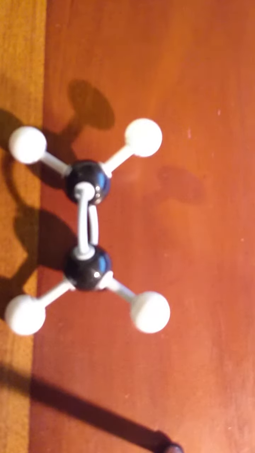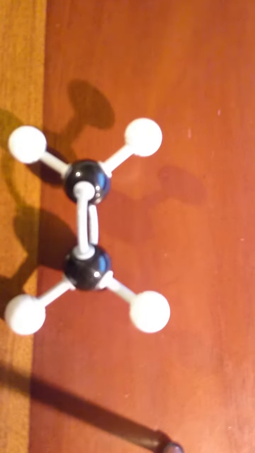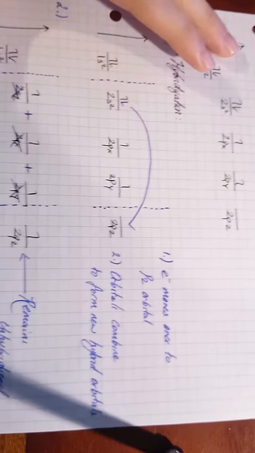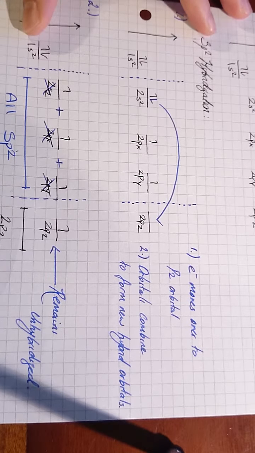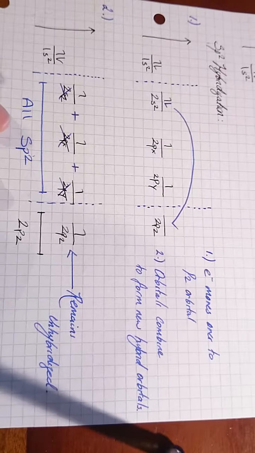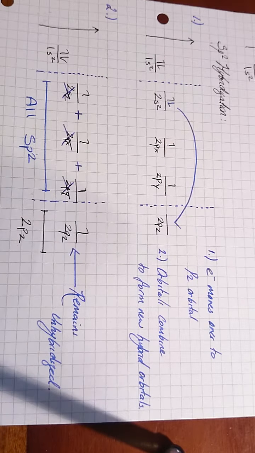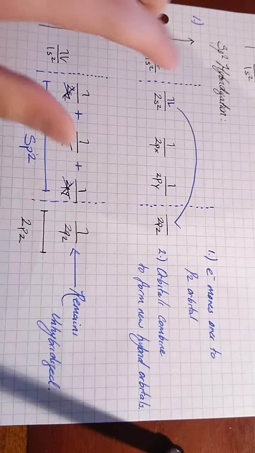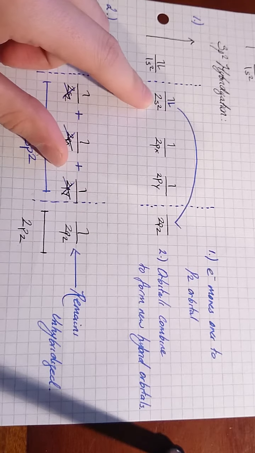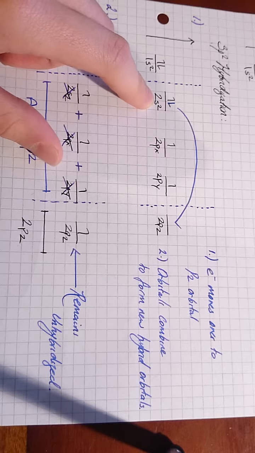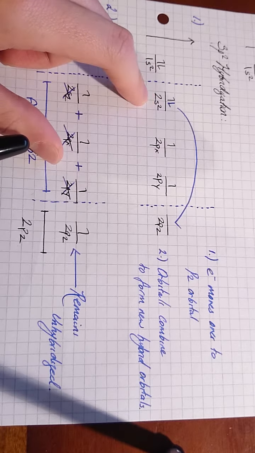The sp2 orbital is formed from the hybridization of the 2s orbital with 2 of the 3 2p orbitals. This is the 2s orbital.